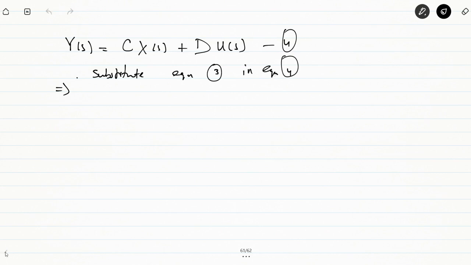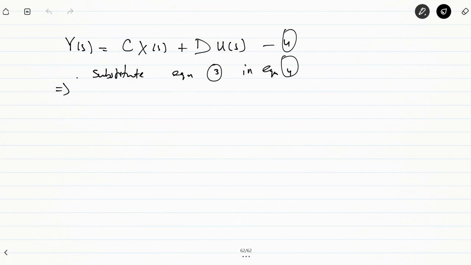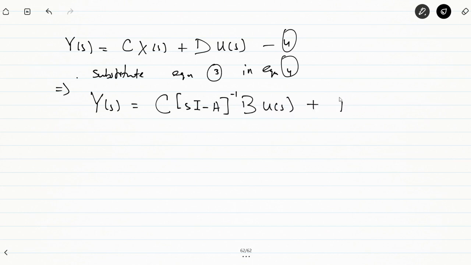Equation 3 is actually X(s) is equal to (sI minus A) inverse B U(s). So we get Y(s) is equal to C, instead of X(s), we will be having (sI minus A) inverse B U(s), plus D U(s). Right?